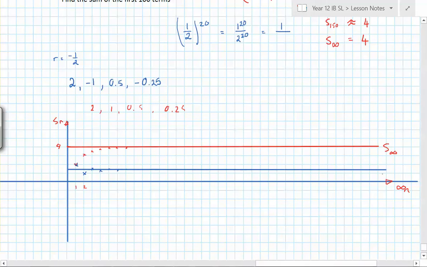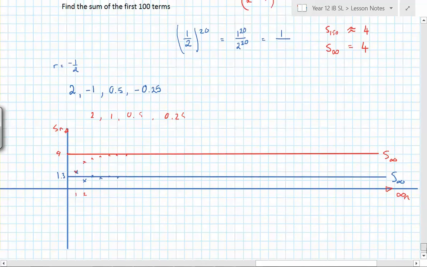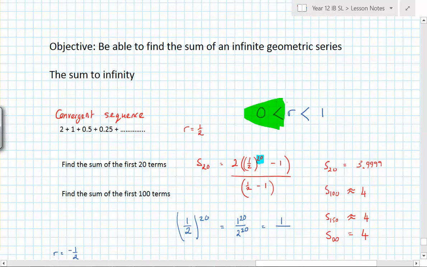For this one, did you work out what the sum to infinity is? Does that make sense? 1.3? Yeah. Okay. So you can see how we've got to potentially adjust this up here, then. So we could say r is less than 1, but greater than what?